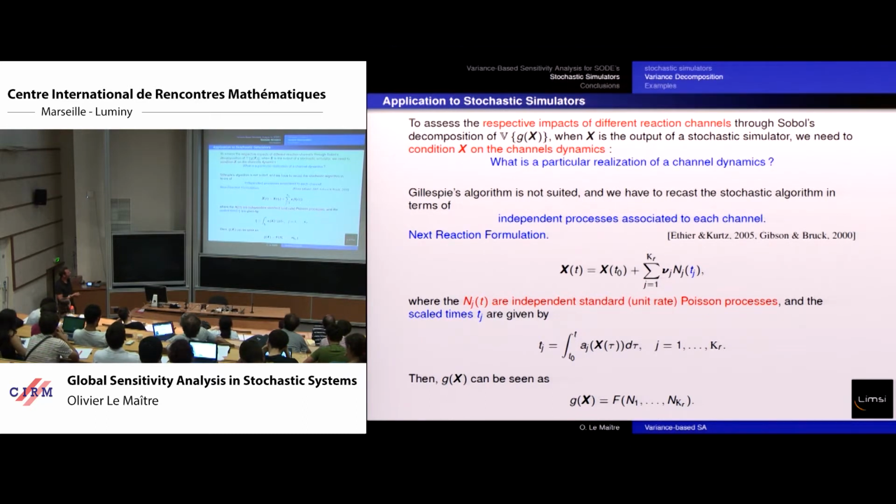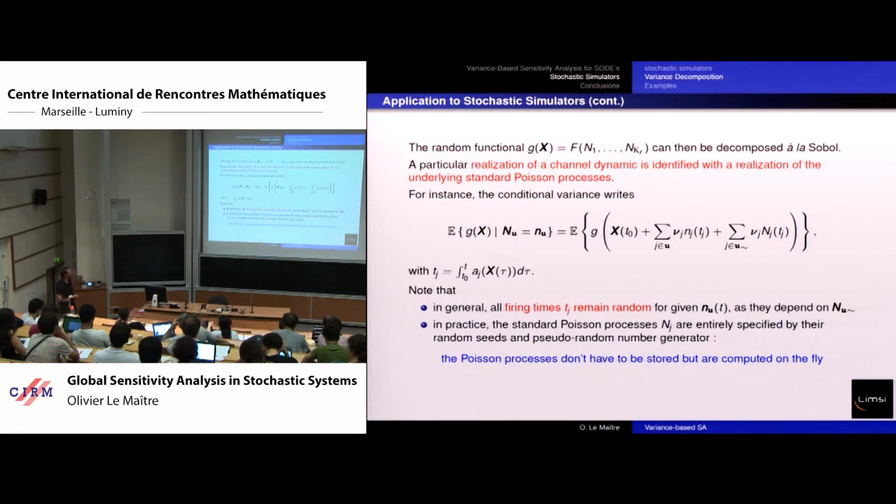Okay, and of course, it doesn't mean that by conditioning on a certain realization of a Poisson process for a certain channel, you don't change the reaction time of this channel, because everything is linked. So typically you have to compute some conditional expectation.